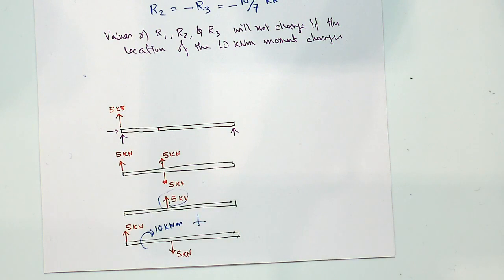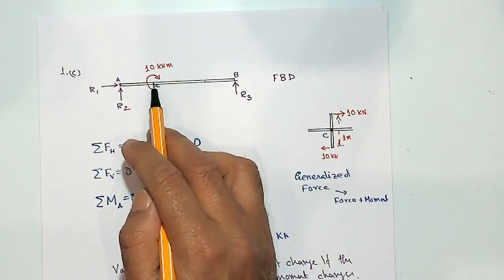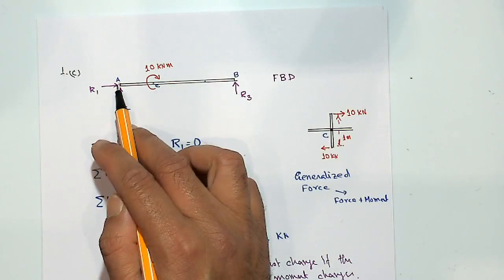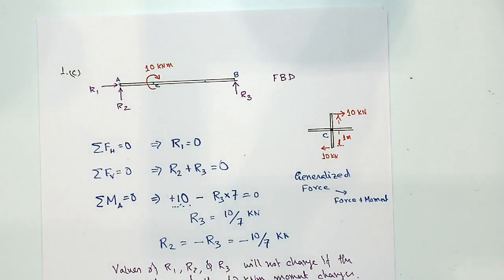But if you could convert 10 kilonewton from there as well, that will not change the reaction forces, but it will change how the beam deflects.